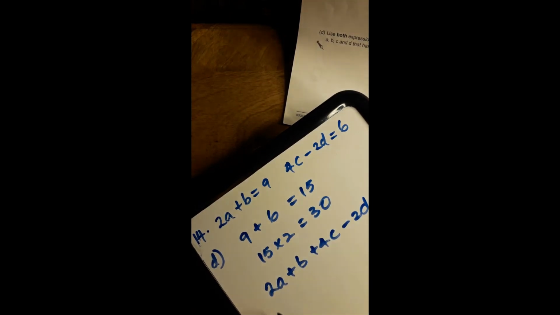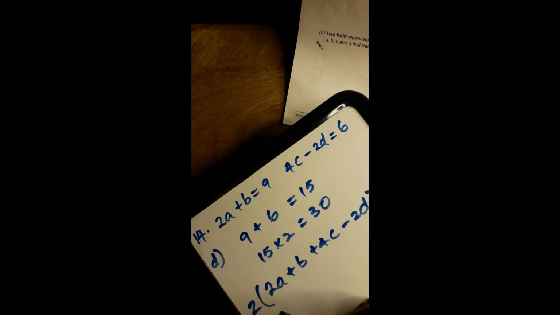So this represents the 9 plus 6. So this expression is equivalent to 15. And we'll put this in brackets because now we'll multiply the expression by 2. And that will give our expression with the value of 30.